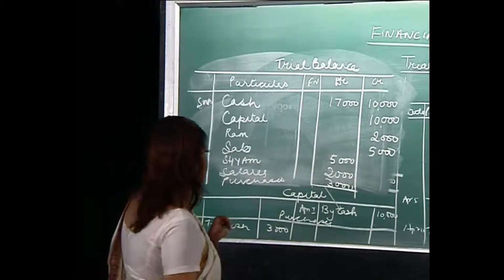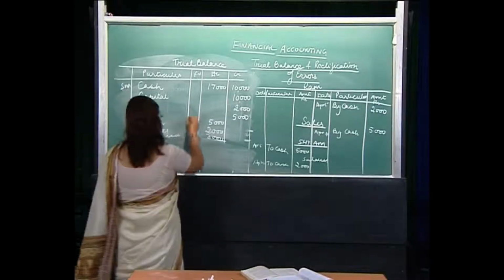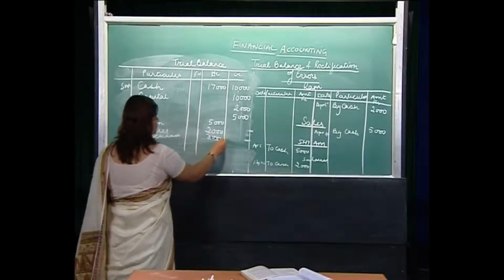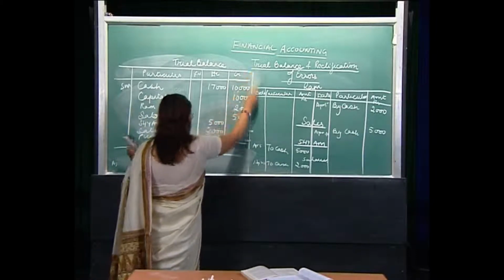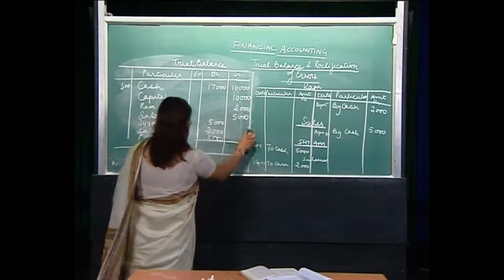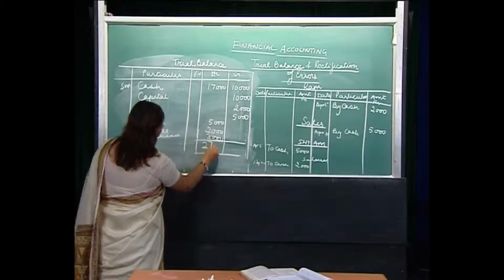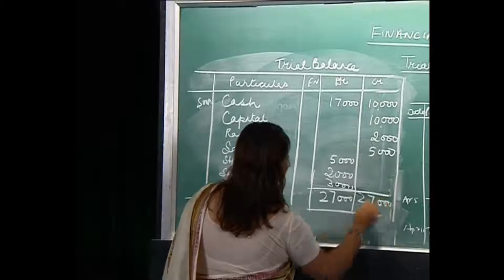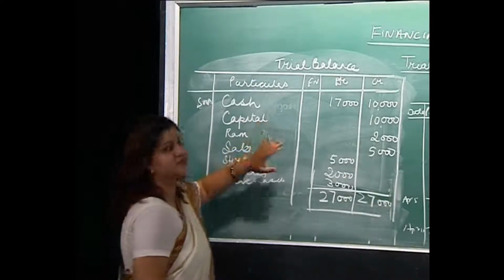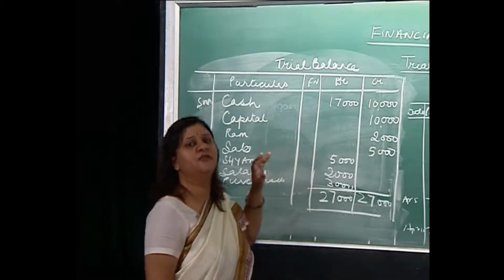So we are going to do the totaling of this account, and this should match up, and it's coming as 27,000 on both the sides. 27,000 and 27,000.